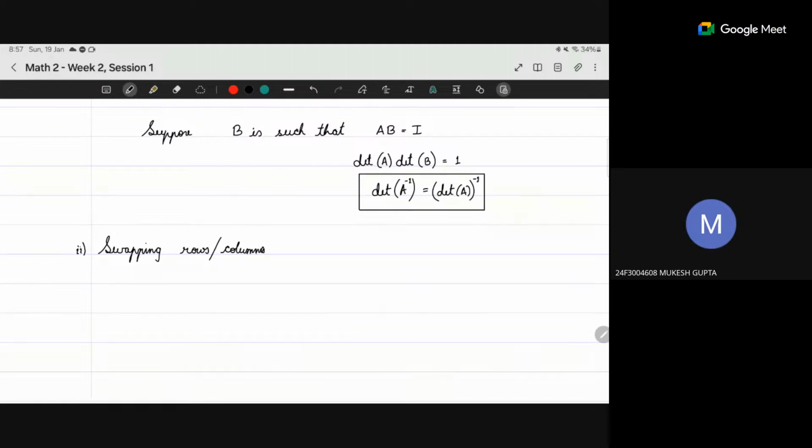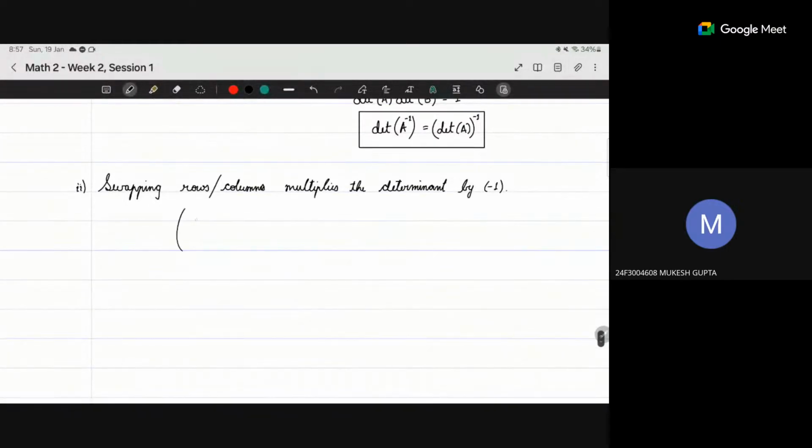In the context of determinant, swapping two rows or columns multiplies the determinant by minus 1.